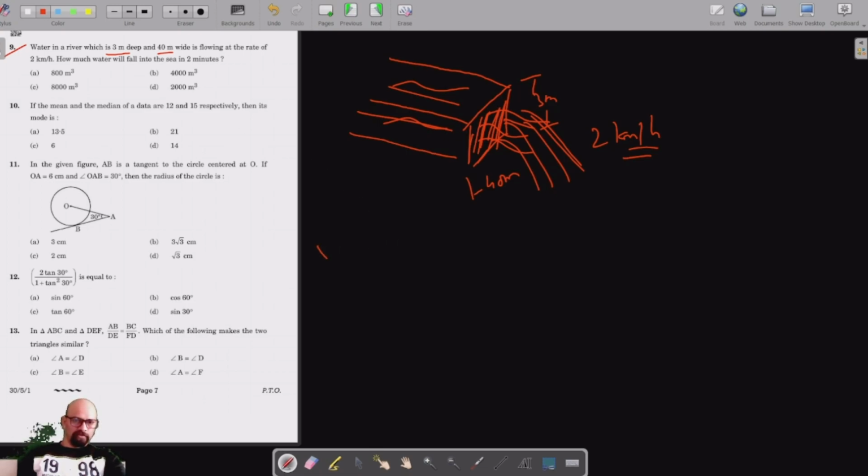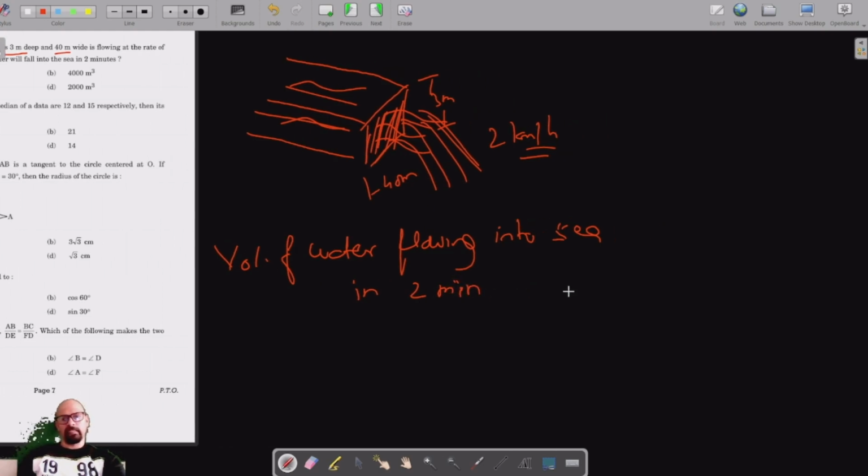So how much water, meaning volume of water flowing into the sea in 2 minutes? That will be the area of the cross section multiplied by the speed in 2 minutes.